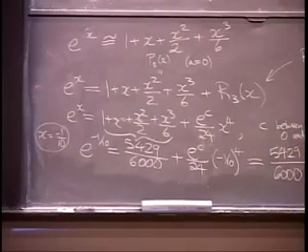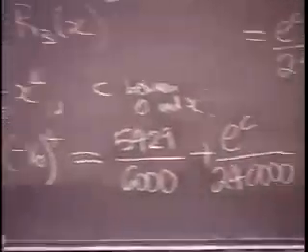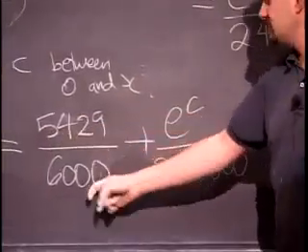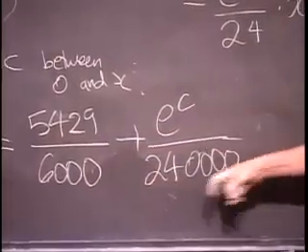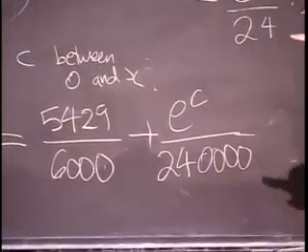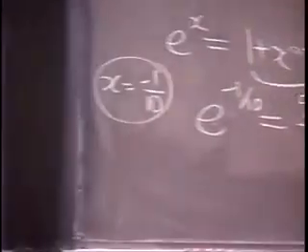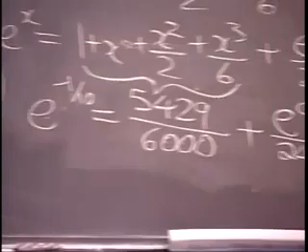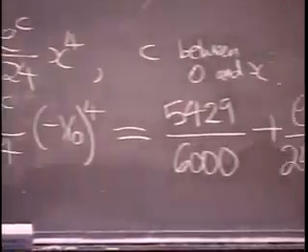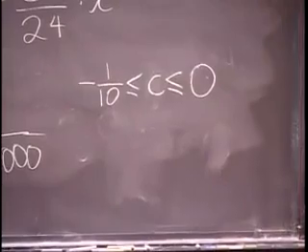So e to the minus a tenth, this mysterious quantity that I can't compute without a calculator, I can actually compute as 5429 over 6,000 plus e to the c over 240,000, where c is between 0 and x, but x is minus a tenth. So I know that c is in a very tight little region between minus a tenth and 0.